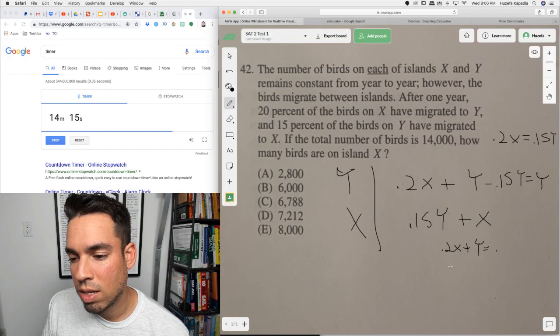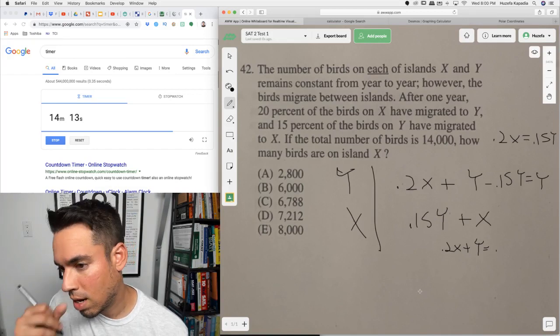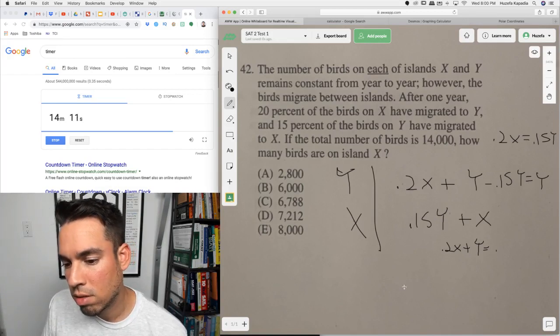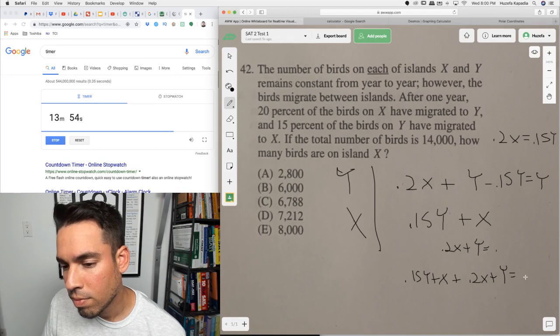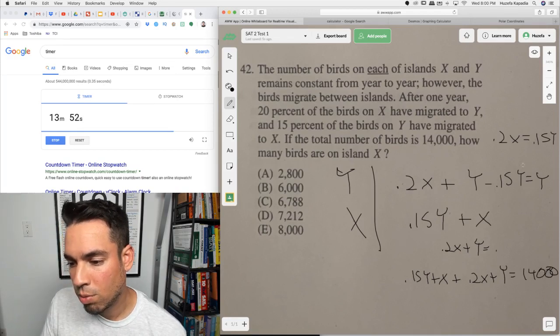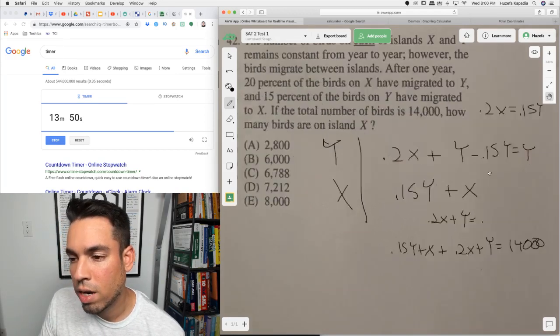Okay, got it. Now it says that the total number of birds is 14,000. How many birds are on island X? So on island X, I think I did this right: 0.15y plus x plus 0.2x plus y equals 14,000.